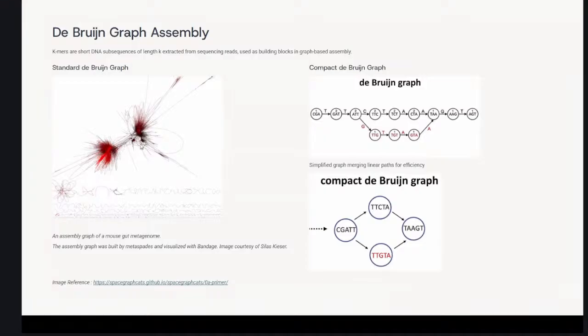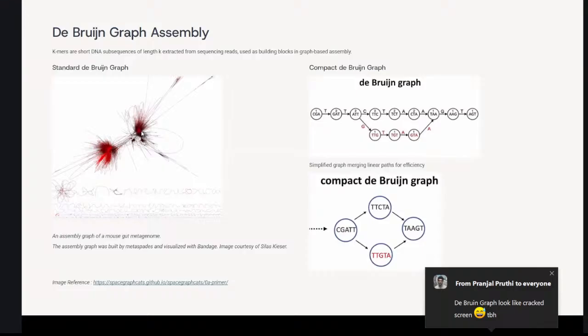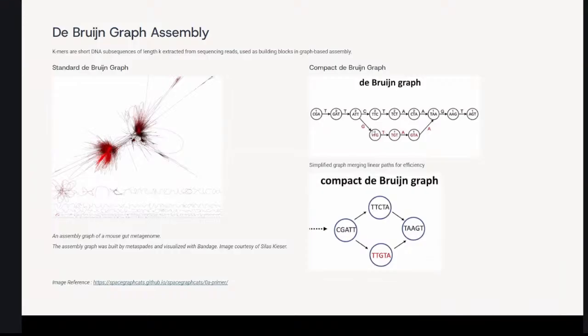Like in this picture, it is very complicated here. There is a heavy knot somewhere here and here also. So these are called tangles or knots, which are formed because of repetitive sequences. And I already explained what a standard graph and a compact graph are.